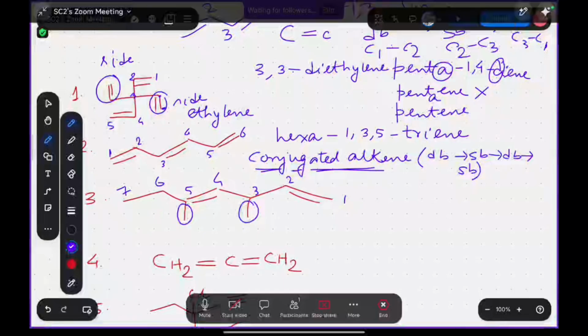So, let's see if it is correct or not. From the right hand side, at the 1 position, we are having a double bond. At the 3rd position, we are having a side chain. At the 4th position, we are having a double bond.